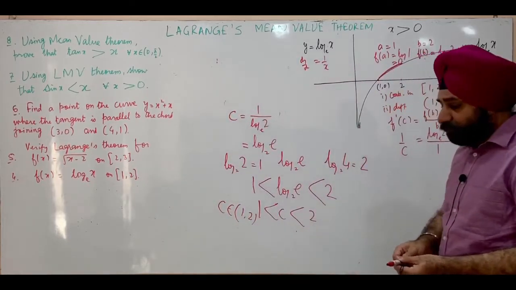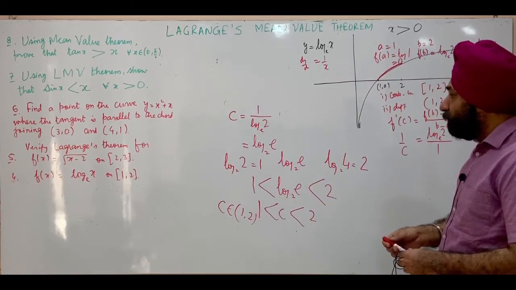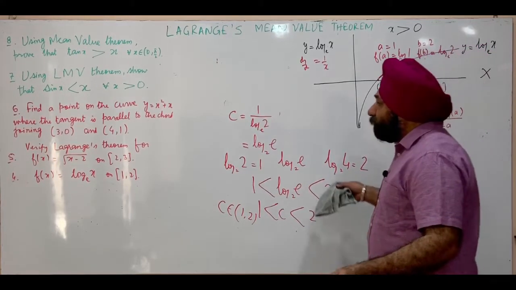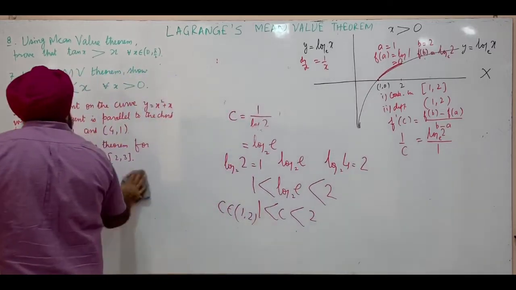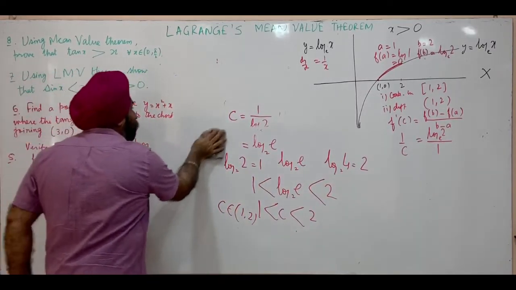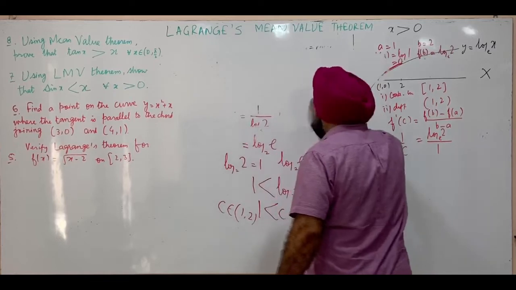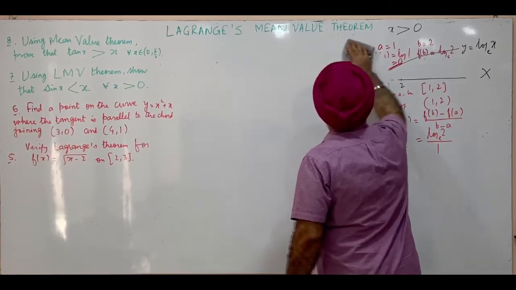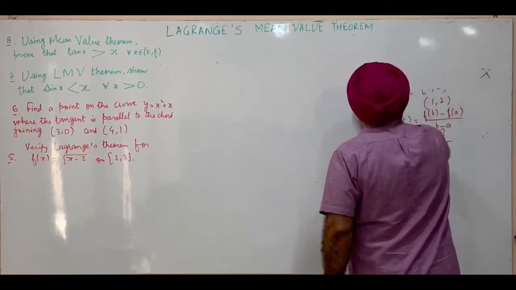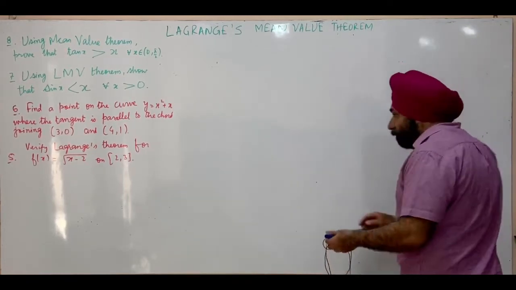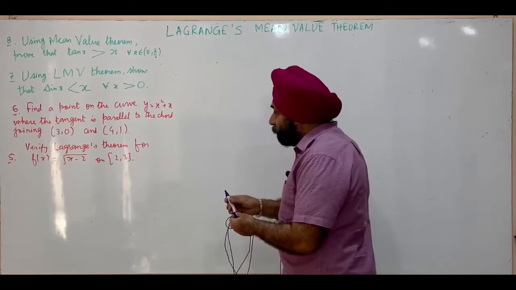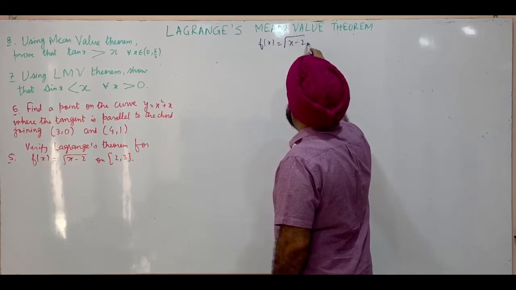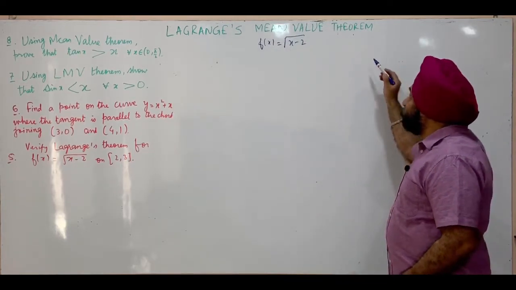The next one, we have the square root function. It's square root of x minus 2, and the interval is from 2 to 3. So for f of x equals square root of x minus 2, what is the domain of the function?